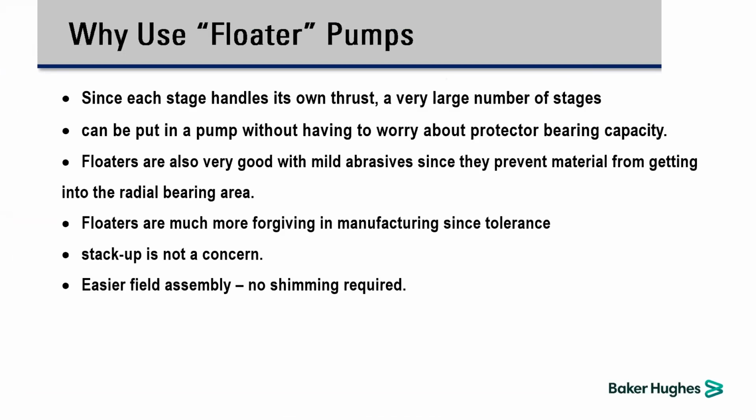You have to go with the floater, and don't go for compression, because there is a risk with compression, which is human error. There is some activity and process that should be done prior to dispatching the equipment to the field or prior to assembly in the field, called shimming. Shimming is to make sure the impeller is lifted with the proper value above the diffuser and not touching the diffuser bottom or the upper diffuser, and that could cause a problem.